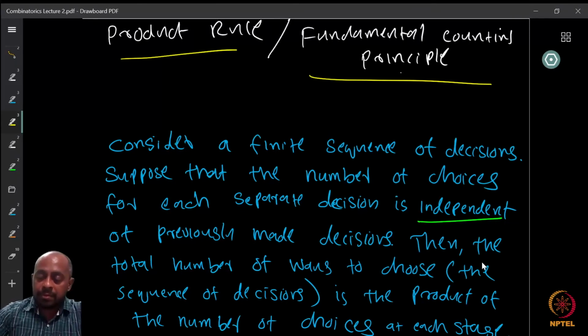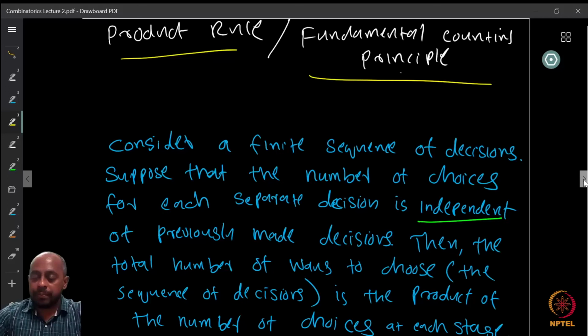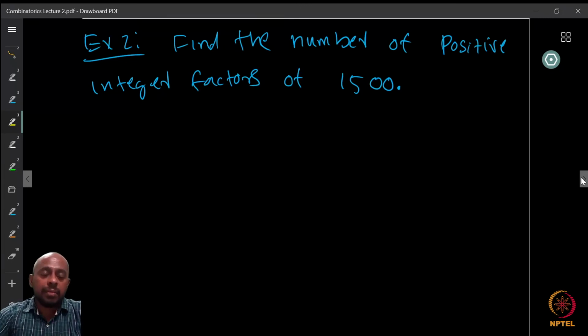Now we already saw 2 applications of the product rule, but let us look at a few more, because it's a very, very important rule, and we will need lots of applications of this in the following days. So here is another example, right? Find the number of positive integer factors of 1500.